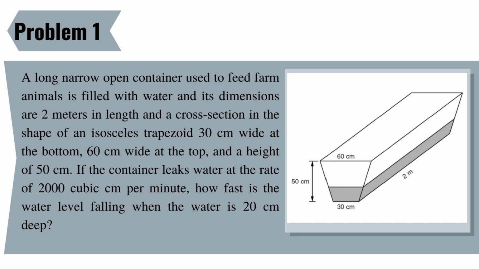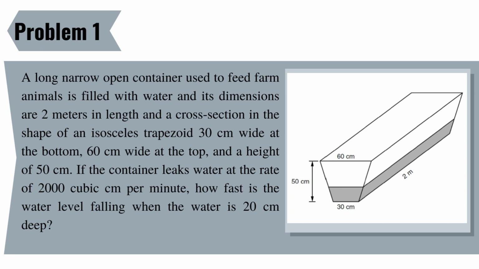Let's start analyzing the problem. The dimensions of the container are given, including the cross-sectional area on the sides of the container, which are in the shape of an isosceles trapezoid. Here's the clear picture of the parts of the container.